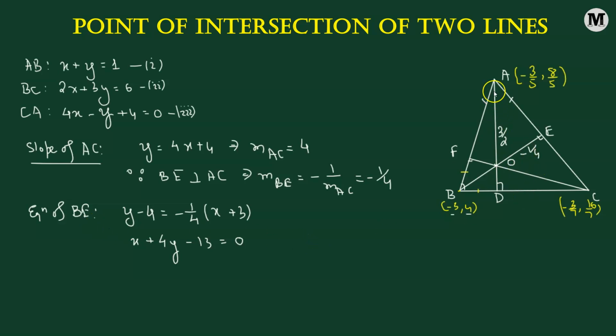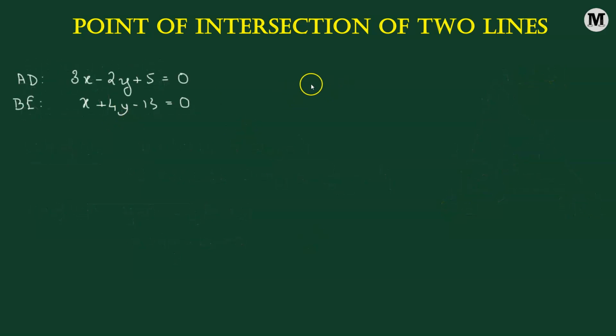So now we have successfully obtained the equation of AD. We have the equation of BE. Let's solve these two equations, and that is going to give us the coordinates of the orthocenter O. So we have the equation of AD. Here let's use the rule of series. We're going to take the coefficient of y for equation AD, that's -2, followed by the constant term, that's 5. Come back to the first term, consider the coefficient of x, that's 3, and end up with the coefficient of y, which is -2.